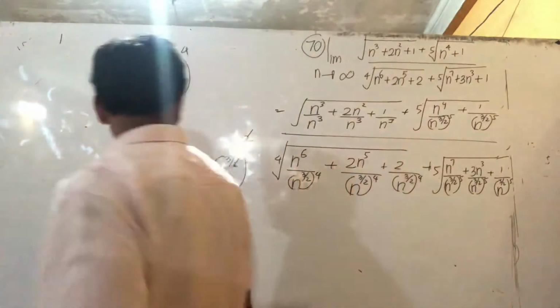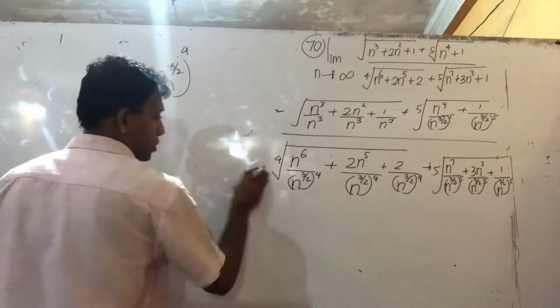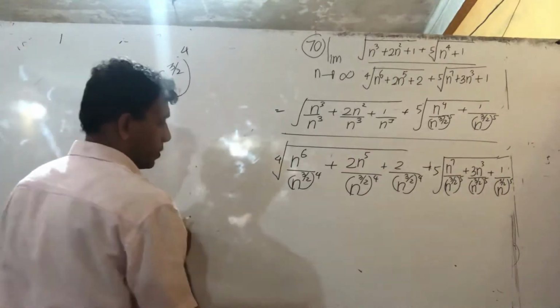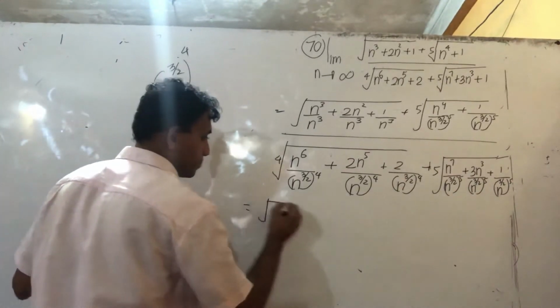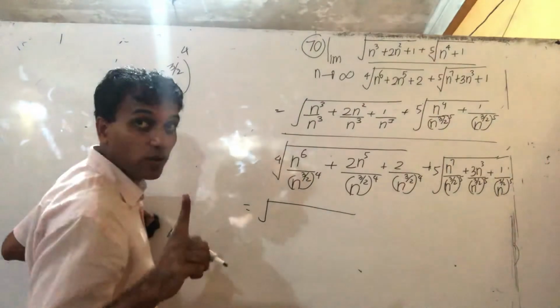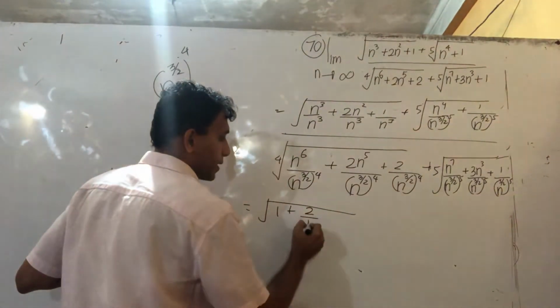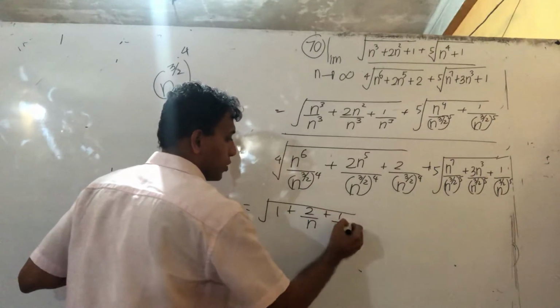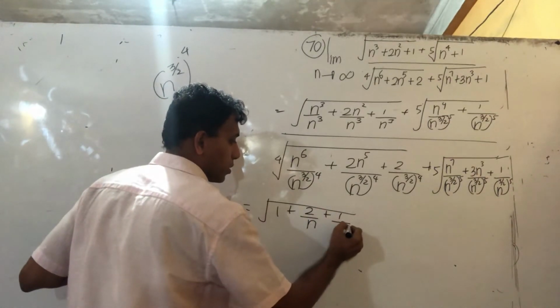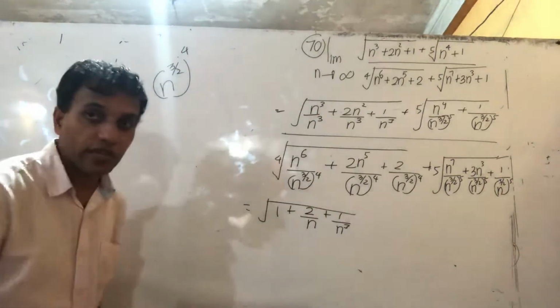Now simplify, get the answer. So what happened, this is the square root. Here 1, that's why we divide: 1 plus 2 over n plus 1 over n cube, as n approaches infinity, right?